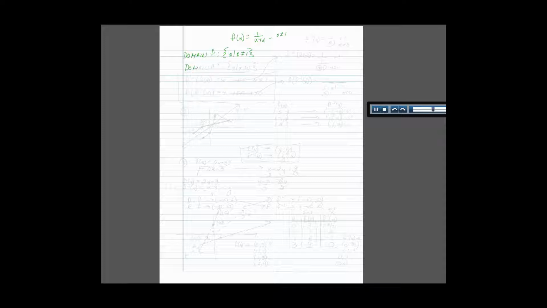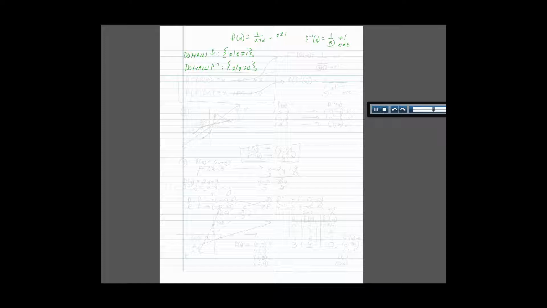And then let's look at the domain of f inverse. Remember, f inverse of x is equal to 1 over x plus 1. So what is it that x can't be there? x can't be 0. So the domain of that one is the set of all x such that x cannot equal 0.